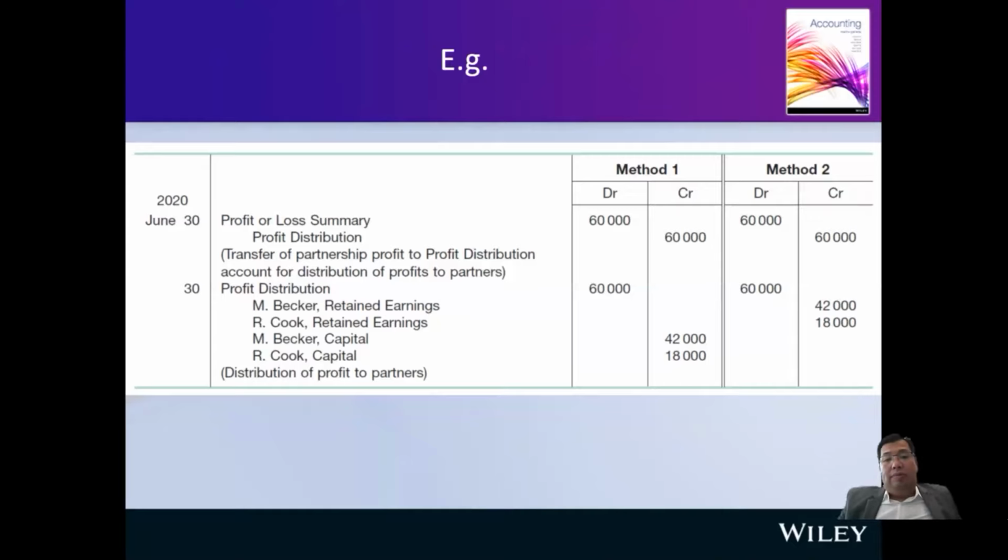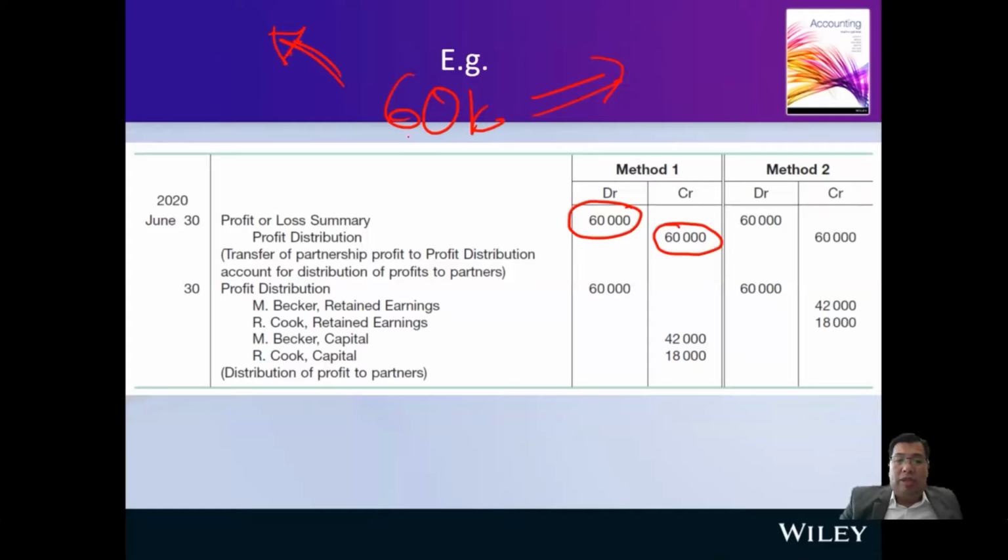In this example, the business makes a profit of 60,000. So we are going to close our P&L summary and put it into another account we call P&L or profit or loss distribution, 60,000. How are we going to give this 60,000 to the partners?